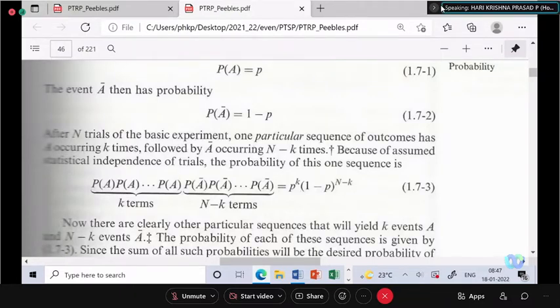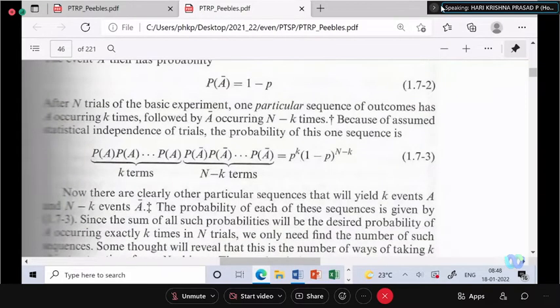then the probability of that event containing k outcomes of event A and n minus k outcomes of event A complement is given by, since the events are independent, I can take the product of individual probabilities. Probability of A into probability of A, how many times? k times.